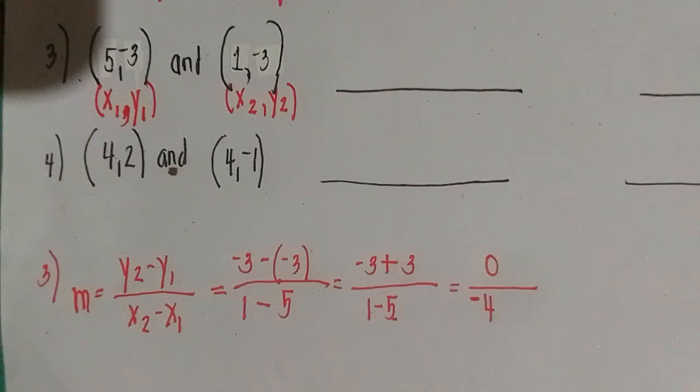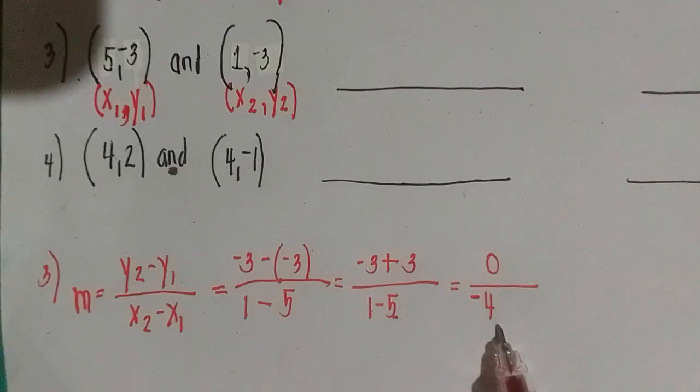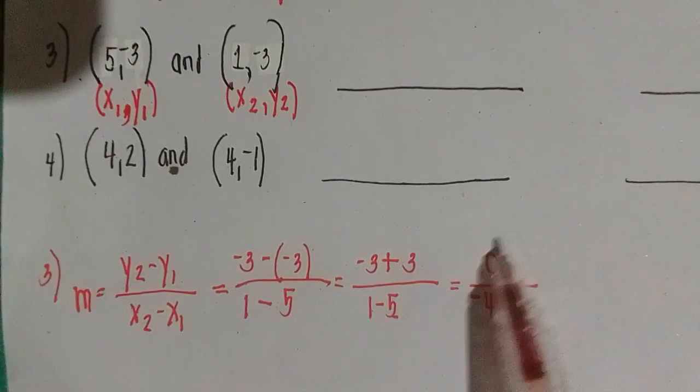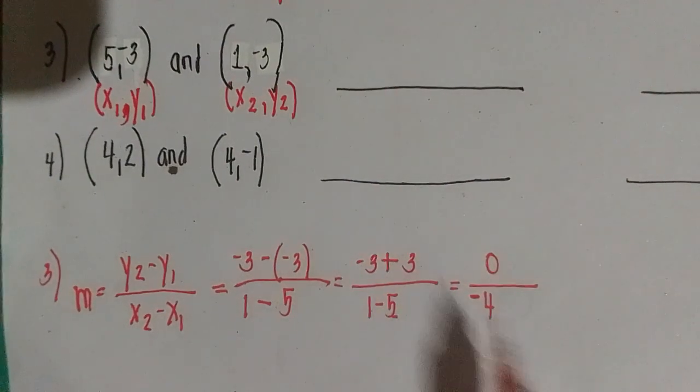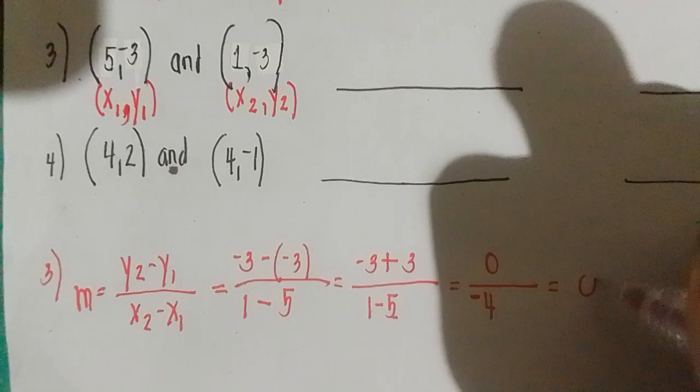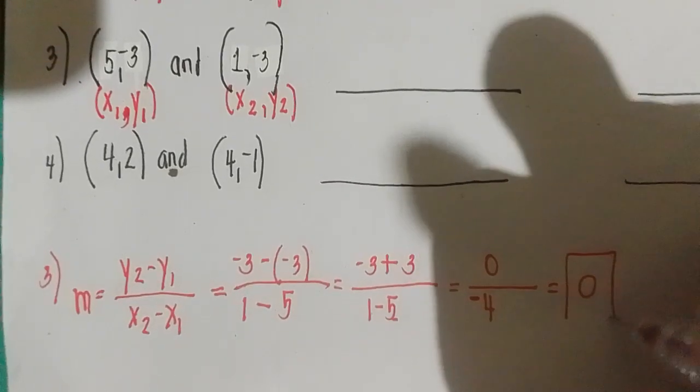Now, to get the final answer, class, of course, we have to check whether the fraction we obtained is already simplified. Yeah, this one. So, we first try to divide. 0 divided by negative 4 is equal to 0, class.